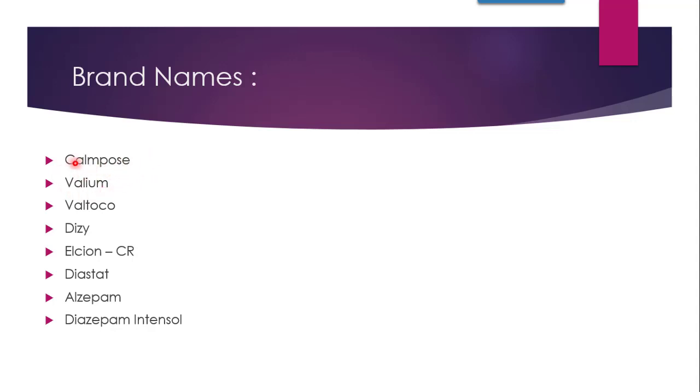So the major brands on which questions have been asked till now are Calpose and Valium. Then other brands are Valtoco, Dizzy, Elsion CR, Distat, Alzepam, Diazepam Intensol. Out of these various brands, Calpose and Valium are the two important brands.